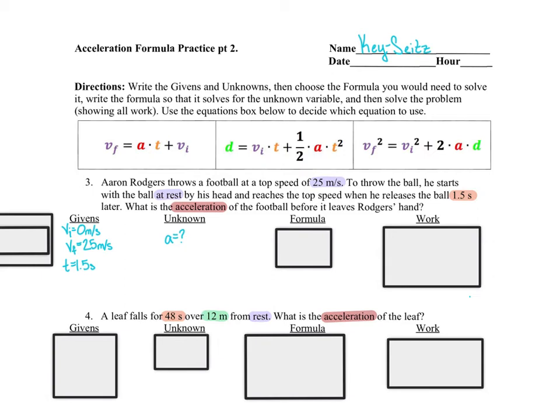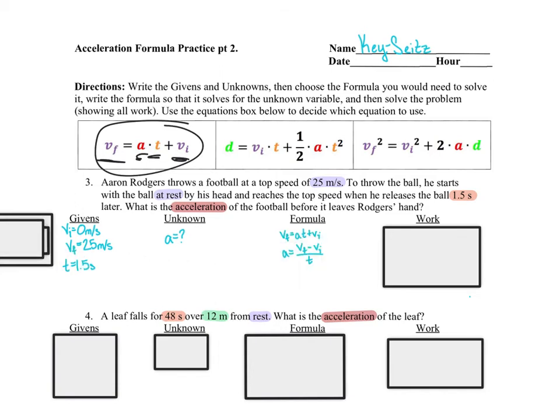So we want initial velocity, final velocity, time, and acceleration. We've got final velocity, we've got acceleration, we've got time, we've got initial velocity. Oh, well, we got it right away. So the first formula there is the one we want to use. And again, we solved for acceleration because that is our unknown.